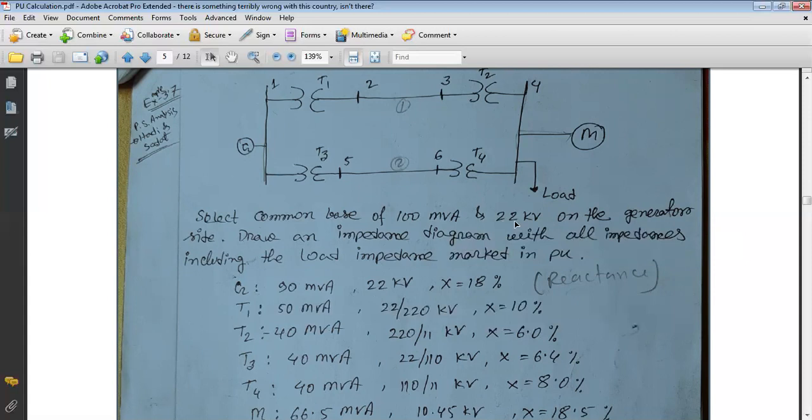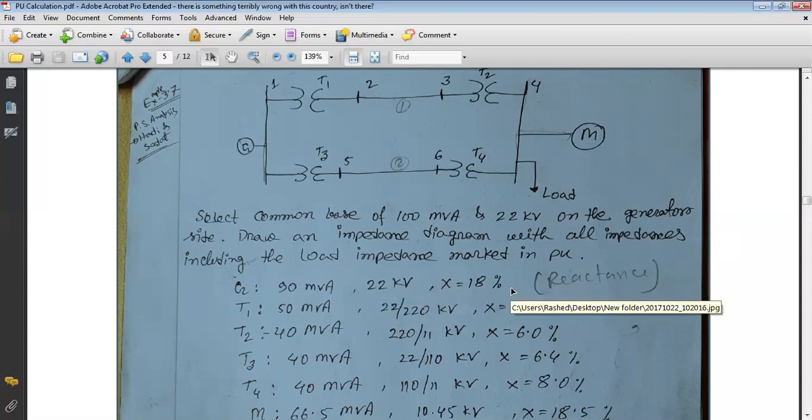So the two new power and voltage bases are given in our question, and for every device, the old voltage and old power base are given, and regarding this old power and old base voltage, the old per unit reactance value is given.